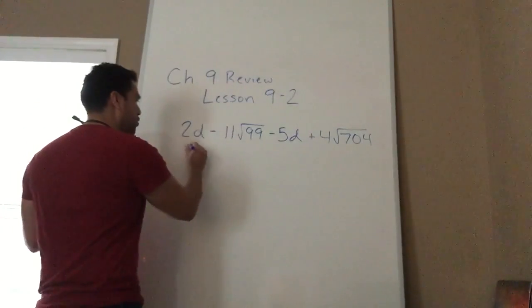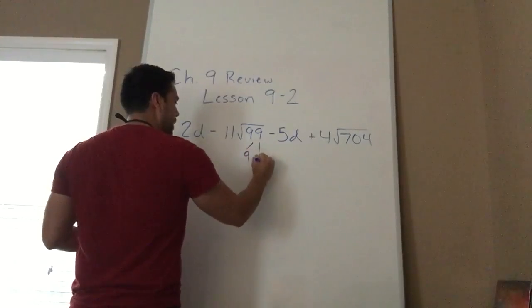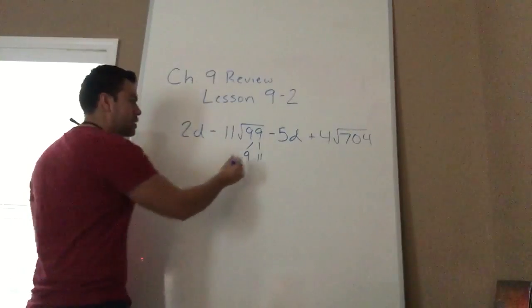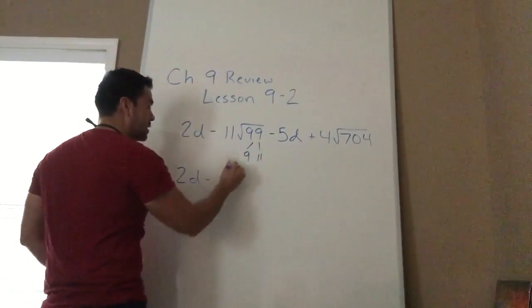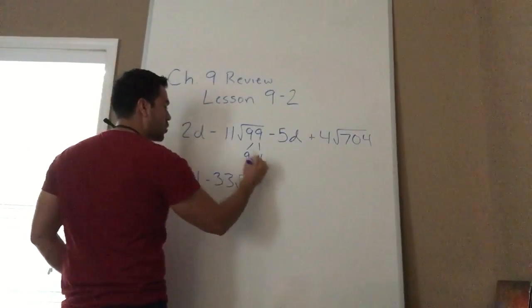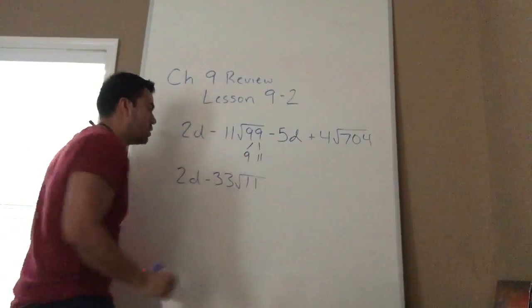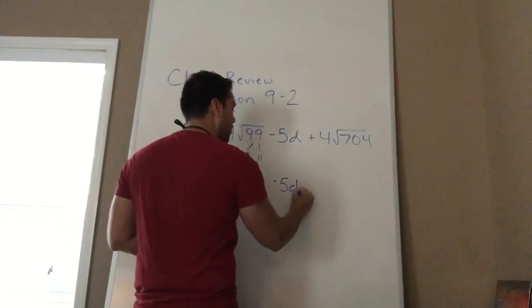So this first one is as simple as can be, but this second one has 9 times 11 in the radical, so I take out that 3, and I'll just rewrite this 2d minus, if I took out that 3, it became 33 times the square root of 11 was still left there. And then this cannot be simplified.